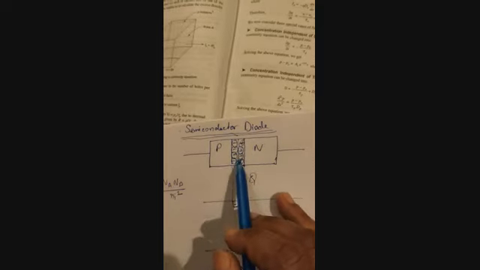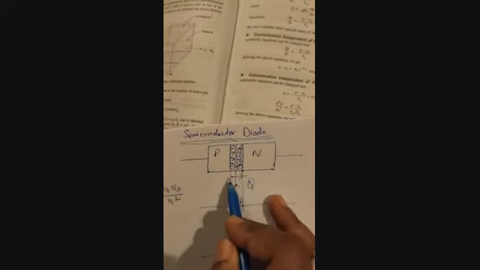So if we combine them, the charge carriers will diffuse to each side. The carriers will be depleted because they have opposite nature, so they combine with each other, and they get depleted in the space charge region, which is called W.